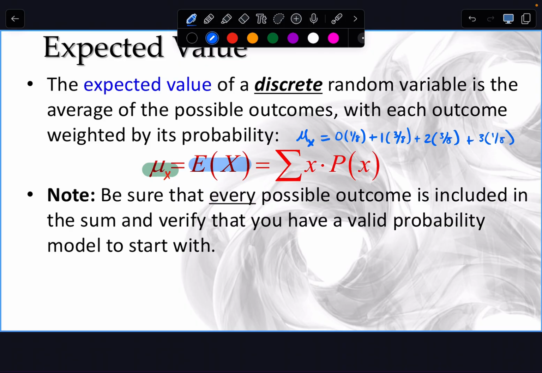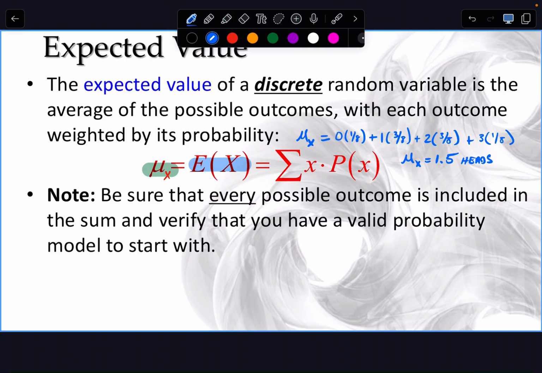So I take every single outcome and multiply it by its associated probability. When I multiply and add those terms together, we get the same value that we concluded from the graph.